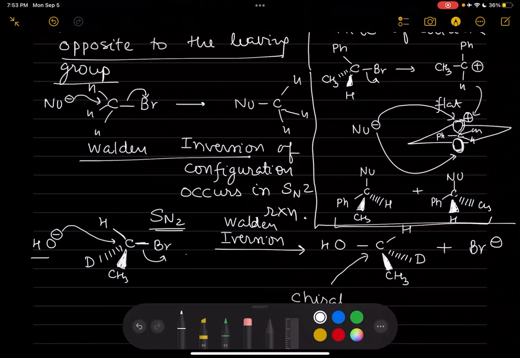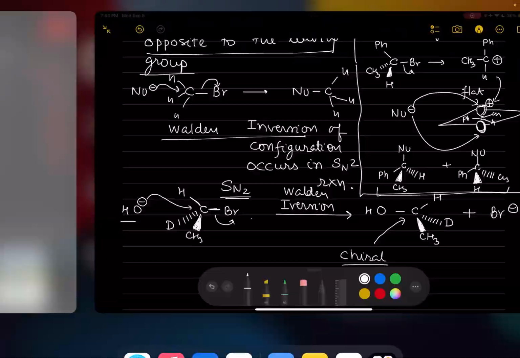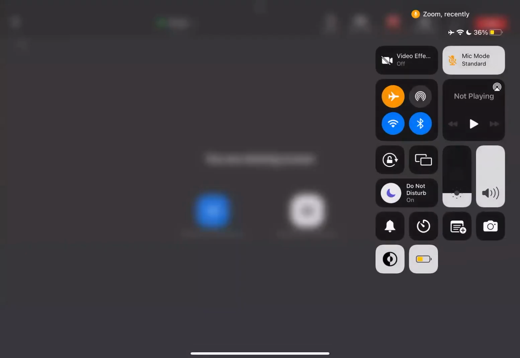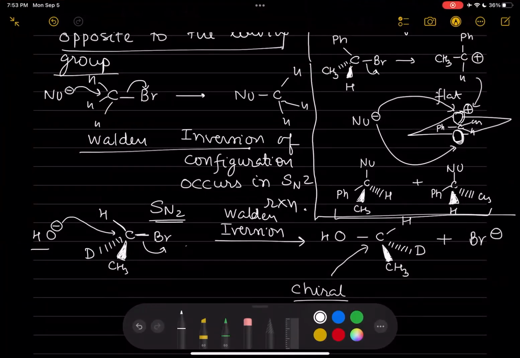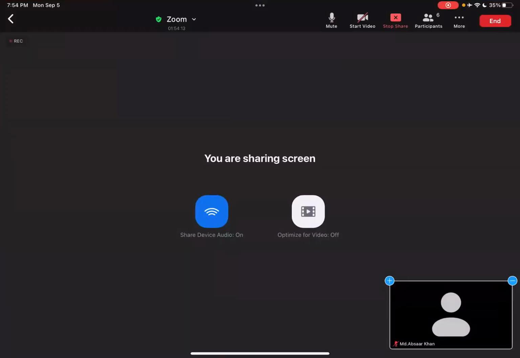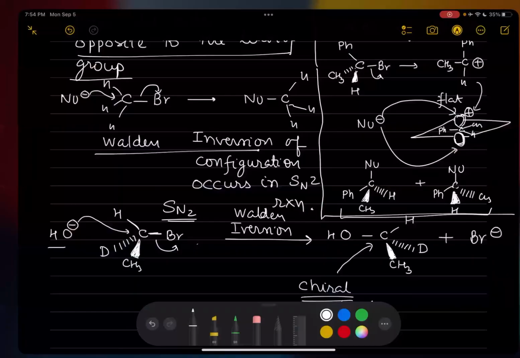So you get two mirror image isomers. These two molecules are known as a racemic mixture.